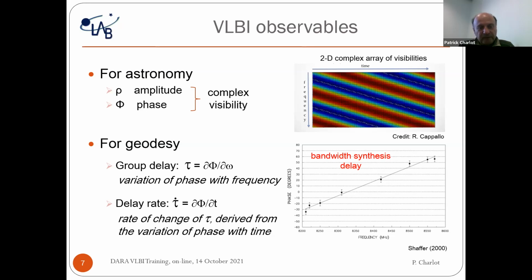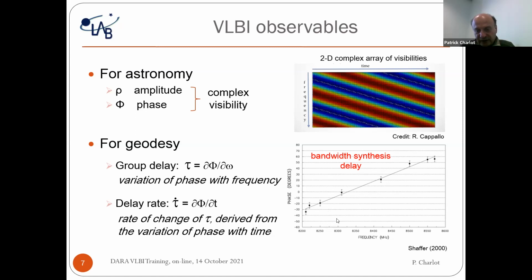And for geodesy, you have two quantities that are inferred from the other ones, from the phase actually. So the group delay, which is the partial derivative of the phase with respect to frequency. And this is what you can see in the plots on the right.